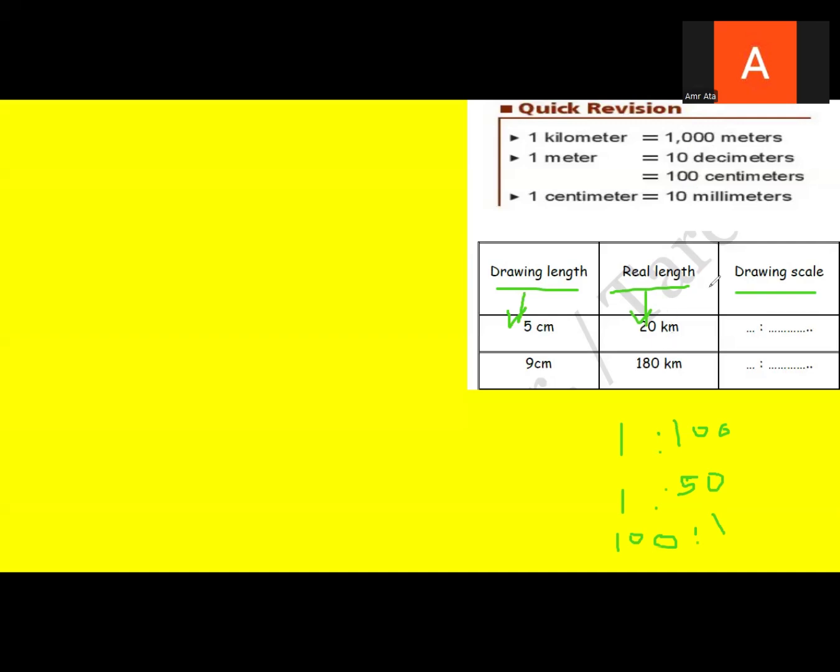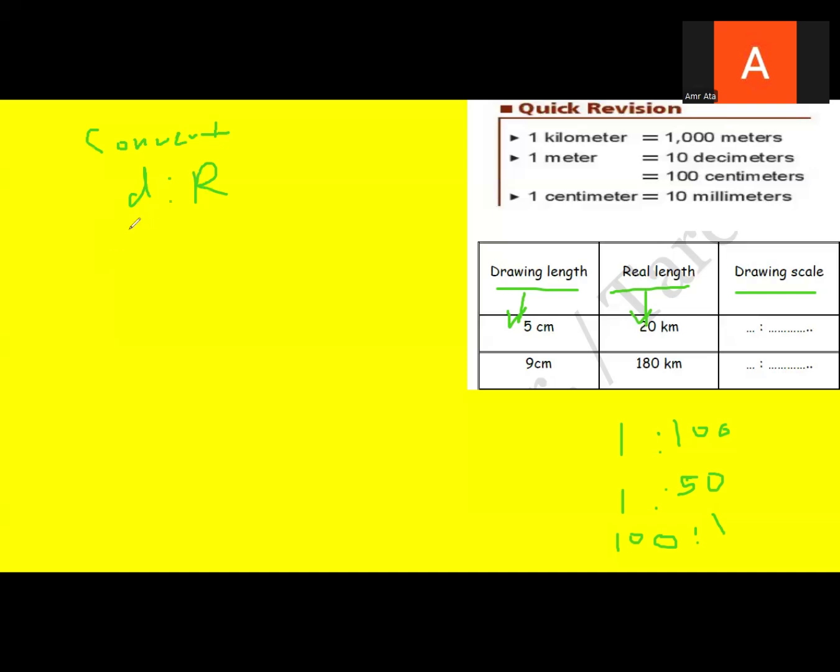We have 3 steps to solve this problem. Number 1, convert. Number 2, draw to real. This is the scale drawing, draw to real. The scale drawing is draw to real or draw over real.